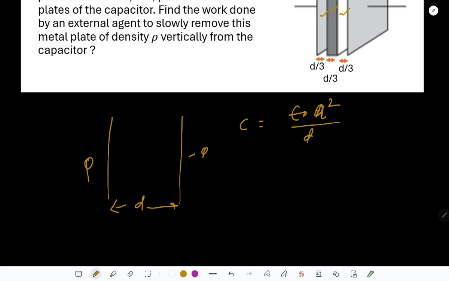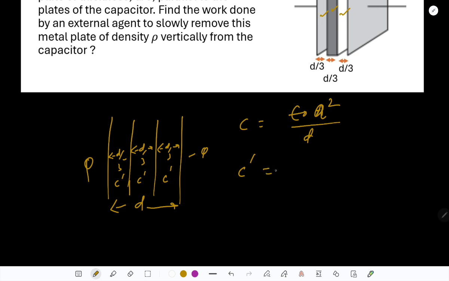But if this capacitor is divided into 3 capacitors, where the distance between each pair of plates is D by 3, then all of them will have equal capacitance, and I can write it as C dash.